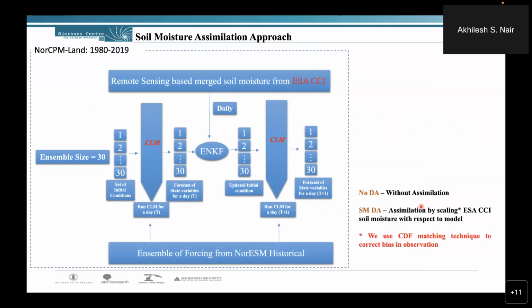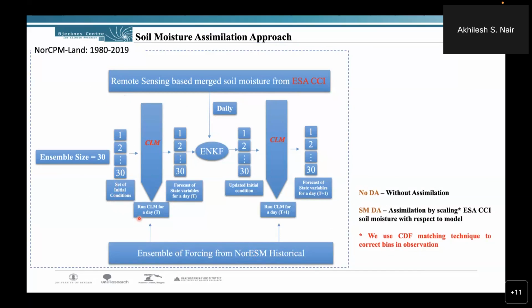Considering this scenario, we have generated an offline assimilation system using NorESM, named NorCPM land. In this system, we force the CLM land model with a historical run of NorESM, which is a fully coupled model run with CMIP5 forcing, and we have 30 ensemble members.